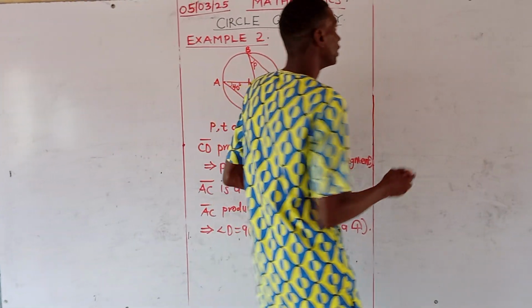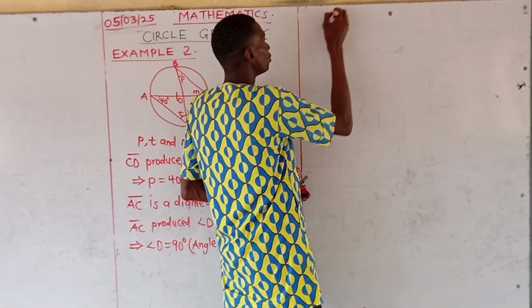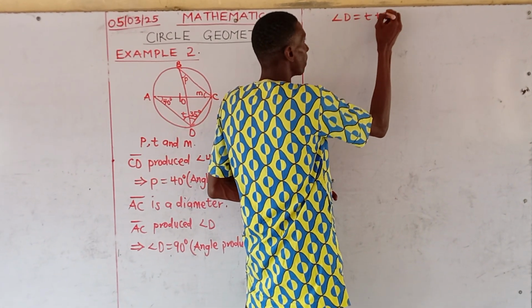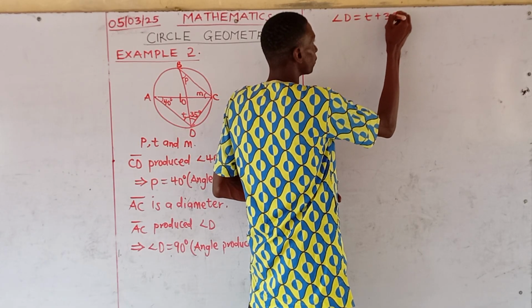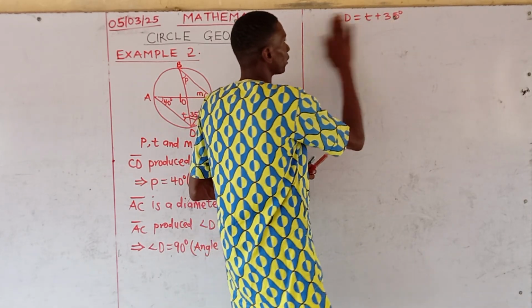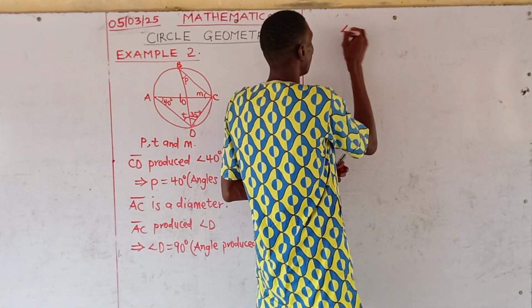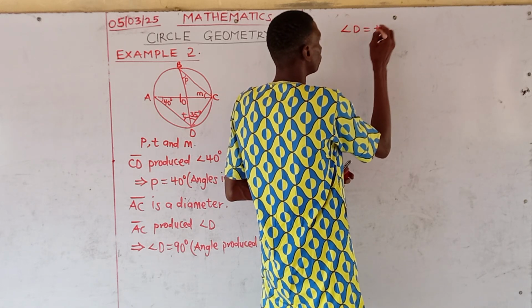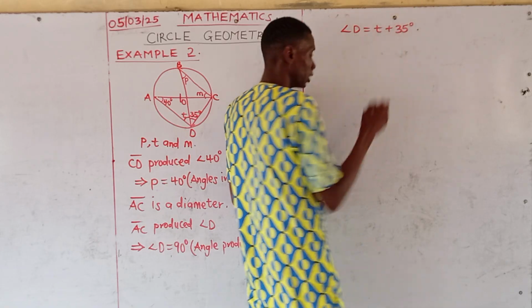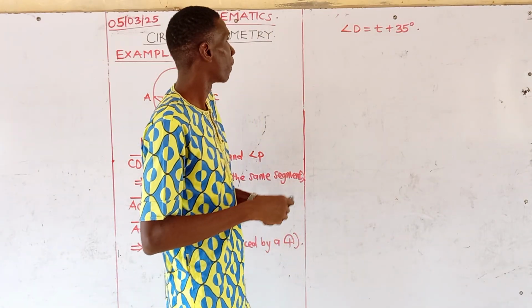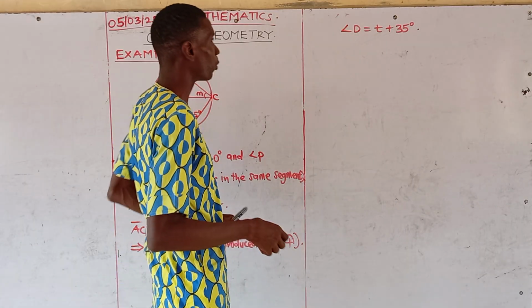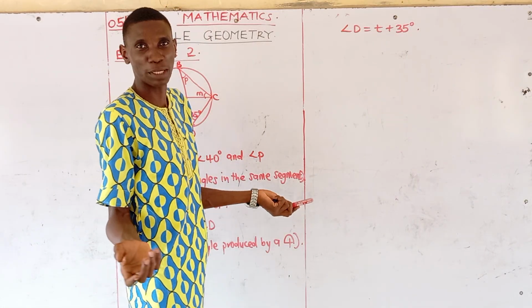Now, from here, this implies that our angle D will be equal to T plus 35 degrees. Let me write it very well. Our angle D is equal to T plus 35 degrees. Are you following? Now, getting our T is no more a problem.